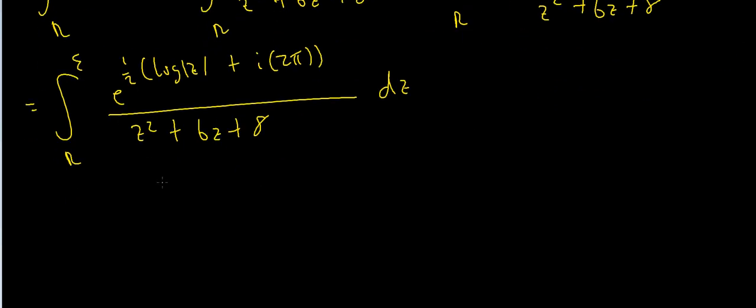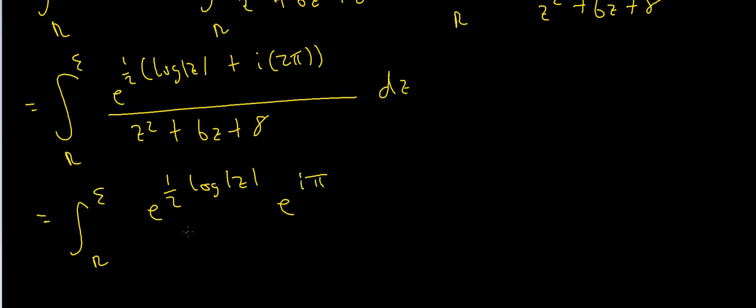Okay, and if I split the numerator up, that's just equal to the integral from r to epsilon of e to the 1/2 log of the modulus of z times what? Well, I've got e to the power 1/2 i 2 pi. A half times 2 pi is just pi, so I've got e to the i pi, divided by z squared plus 6z plus 8 dz.